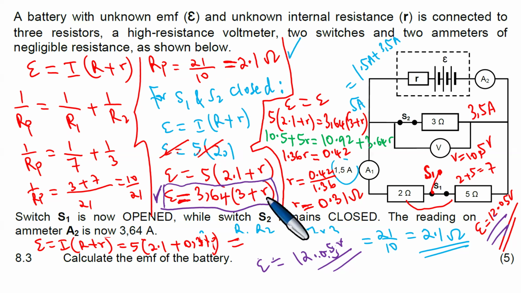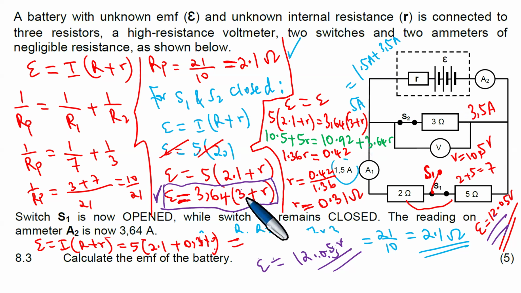And now we have these two equations, in two unknowns, E and r. If this is the same circuit, then the EMF under any conditions must be the same as under any other conditions, because the battery is the same.